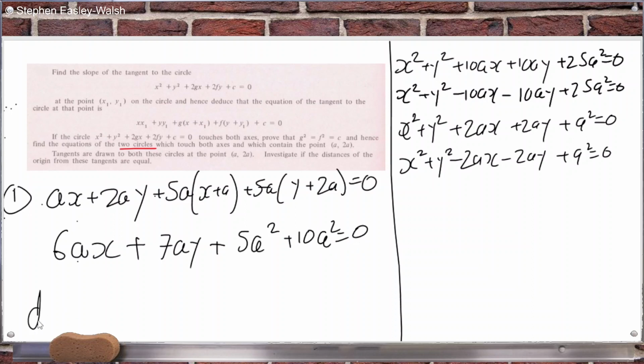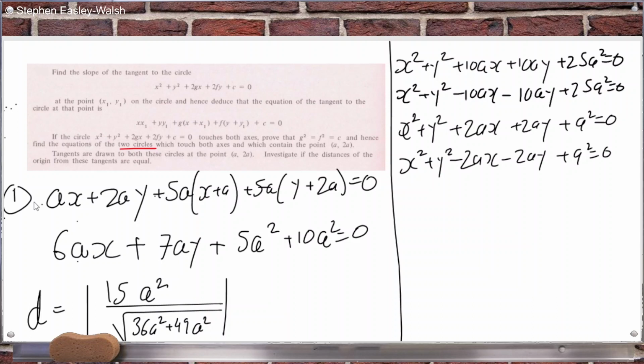So the distance, the perpendicular distance, would be all over the square root, and then this would be 15a squared, and this would be 36a squared plus 49a squared.